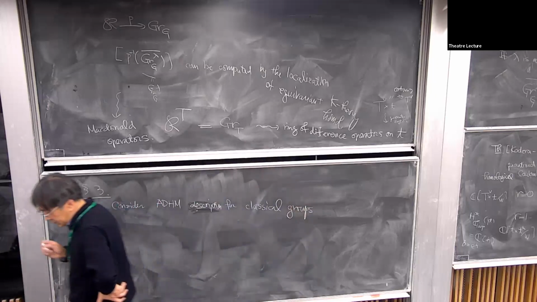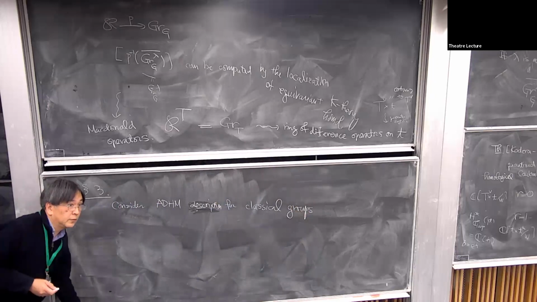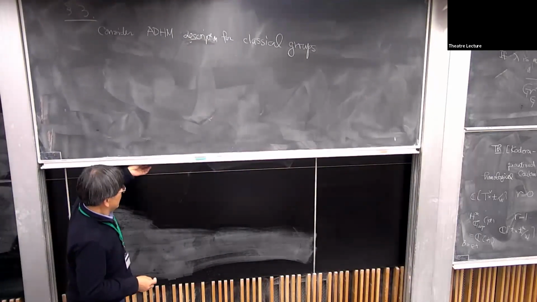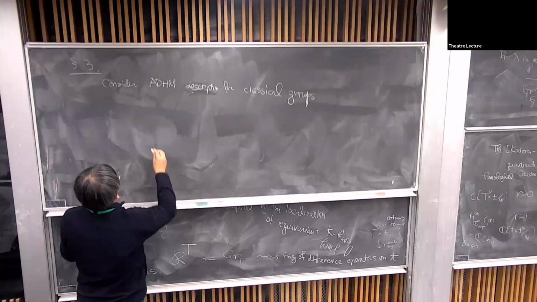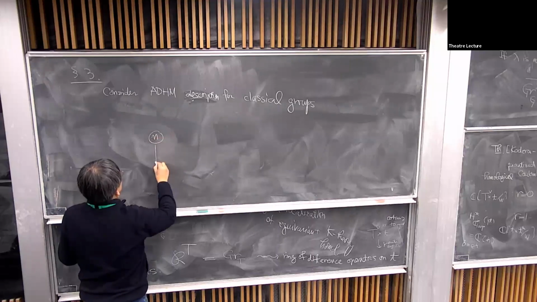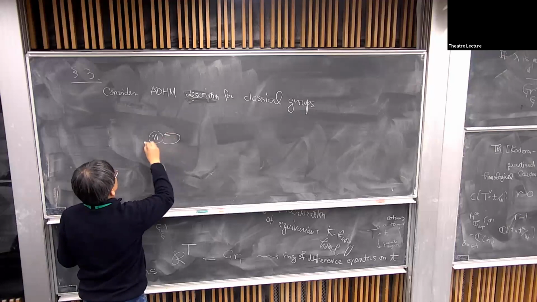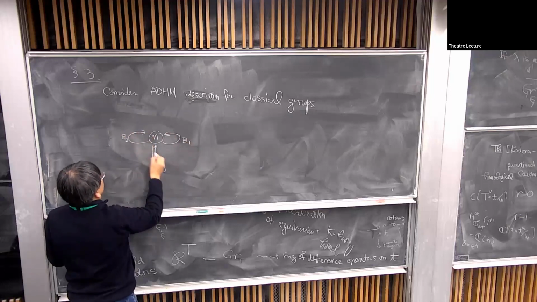The generalization of the ADHM description for classical groups is known; it was already obtained by Hitchin. So in the previous case, for this quiver, we take the double, so maybe better to draw both arrows. So we have B1 and B2 and these.